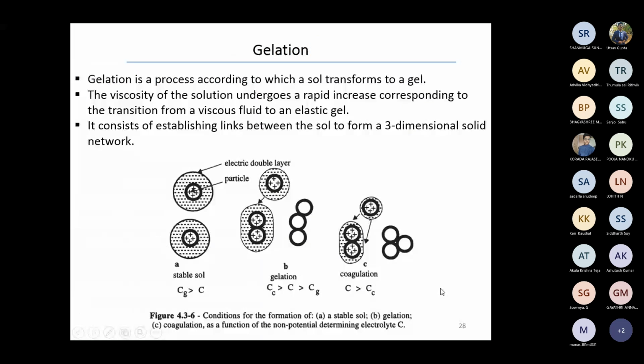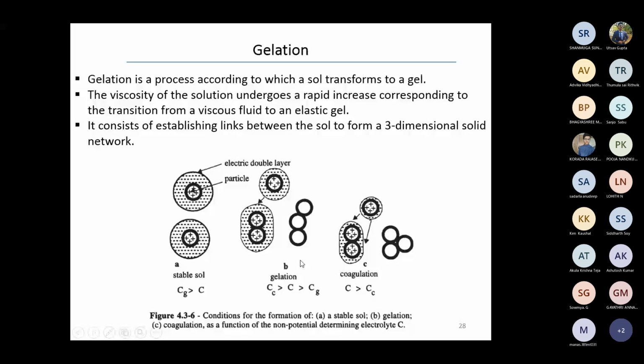Now the gelation. Gelation is a process in which a sol is transformed to a gel. The viscosity of the solution undergoes a rapid increase corresponding to this transition from a viscous liquid to an elastic gel. In this case, this is a stable sol, and this is gelation and this is coagulation.